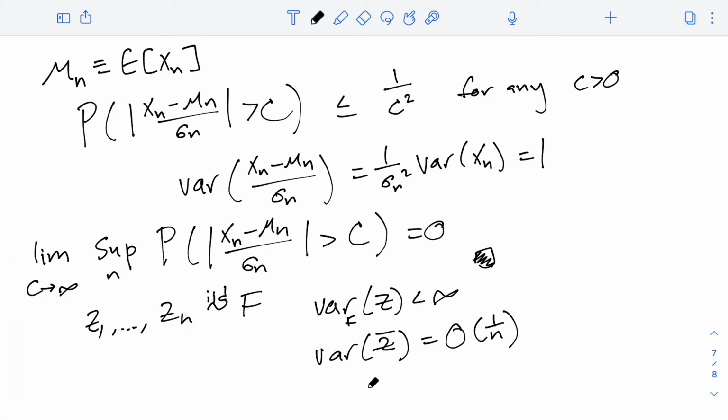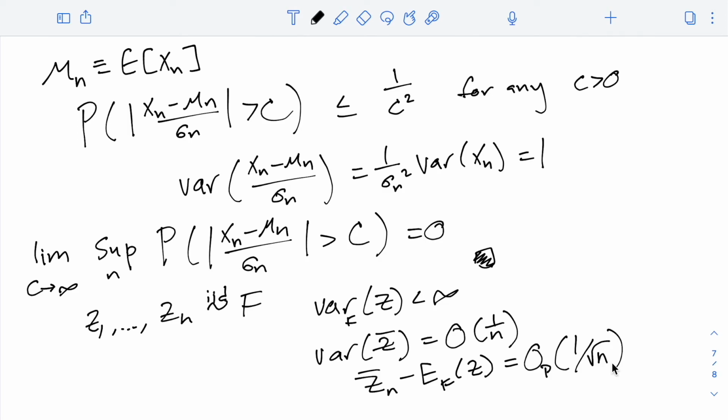And so that means that if we look at Z bar, and maybe I should call it Z bar n, the sample mean of n IID random variables, minus its expectation, this goes to 0, big O_P, like the standard deviation, 1 over the square root of n.